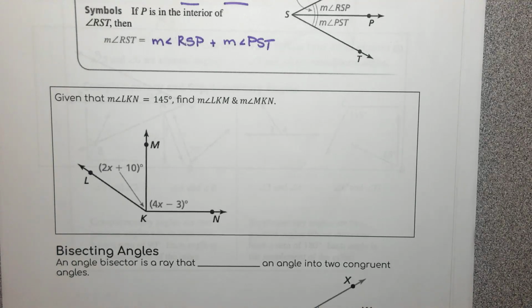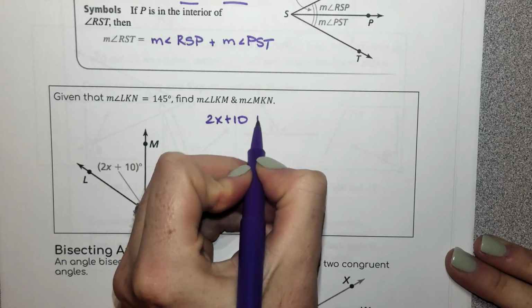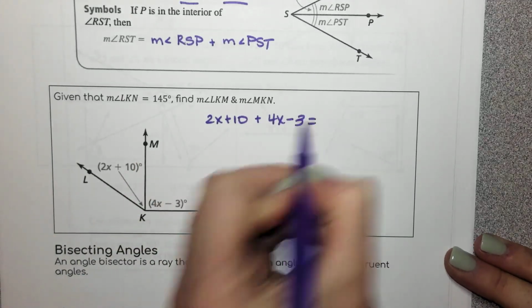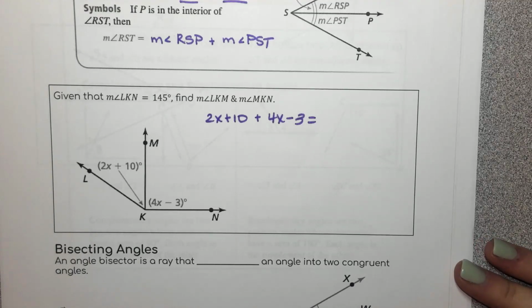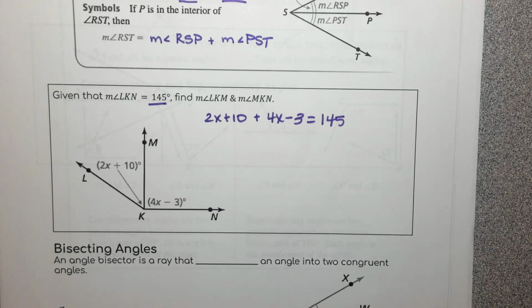So we're going to add them all together. 2x plus 10 plus 4x minus 3 better equal what? 145. That's the whole angle. Alright, this is what my algebra kids are working on, combining like terms and solving for x. So go ahead and solve this thing for x, and then use x to tell you the other two.